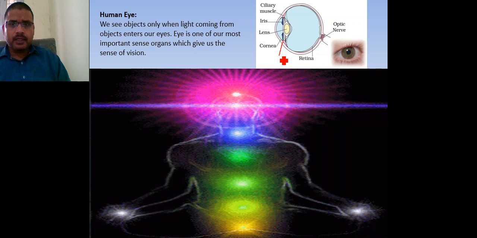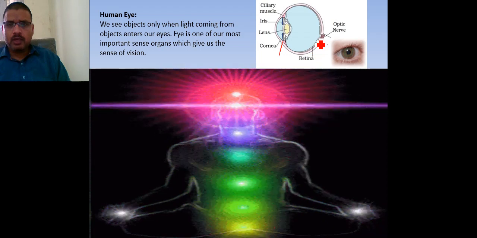Now here there is the cornea, and after that, at the back side, there is the retina. It is a small nerve layer which you can see here, behind the cornea.